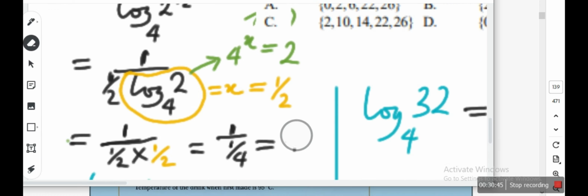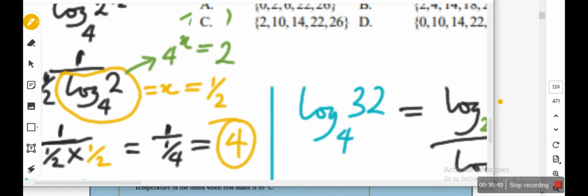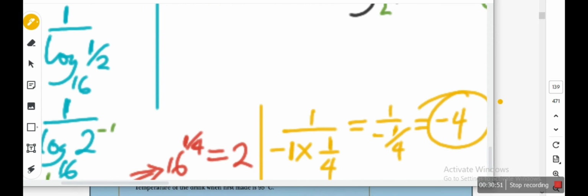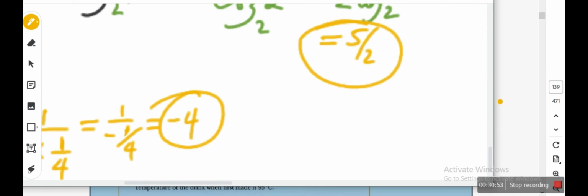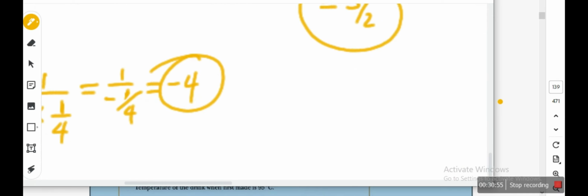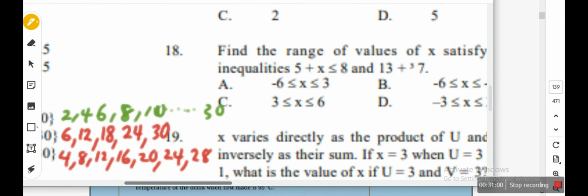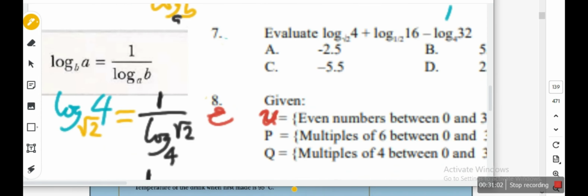So let me write it in yellow and circle it: 4, plus minus 4, minus 5 over 2. Excellent. This one is 4, this one is minus 4, this one is minus 5 over 2. So we now know the answer.